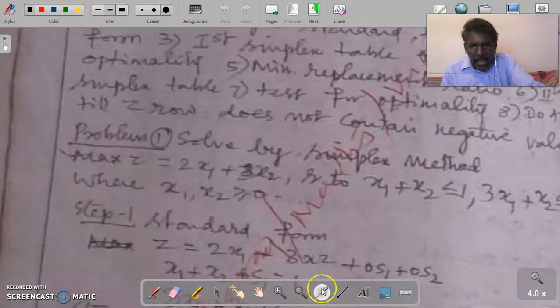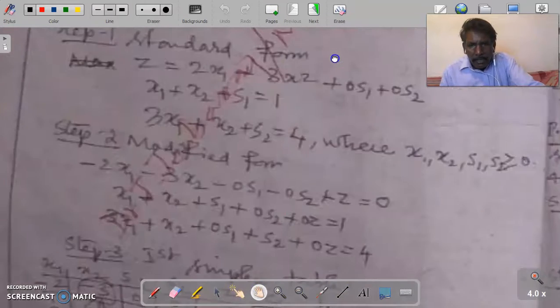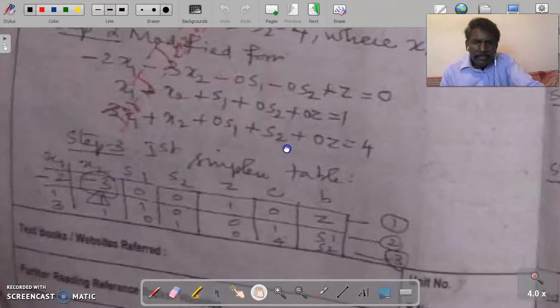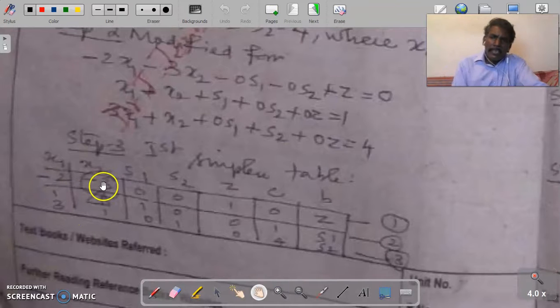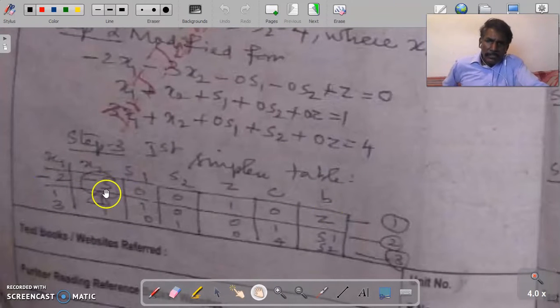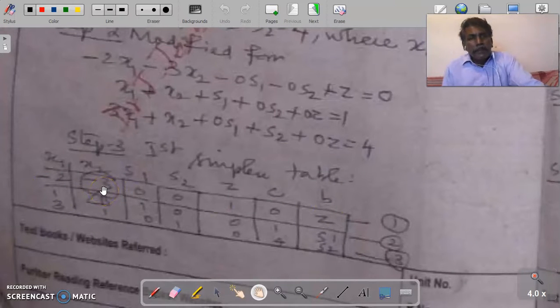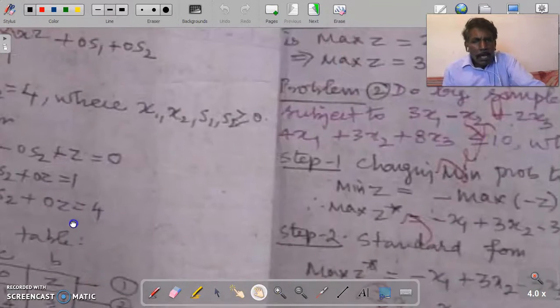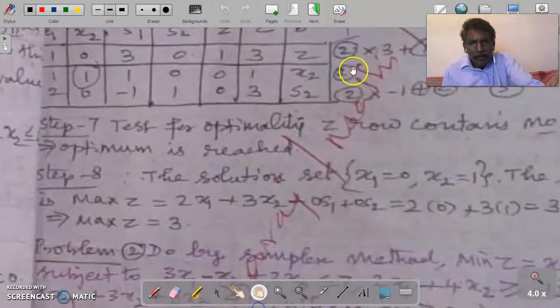But what we see here is a negative number in the objective function. It should not be the case. It should be a positive number. Then only our maximization will be reached. That's called the test for optimality.